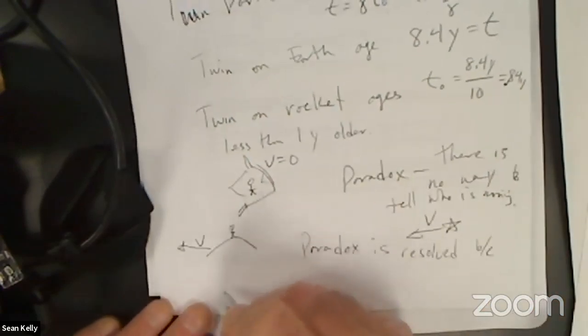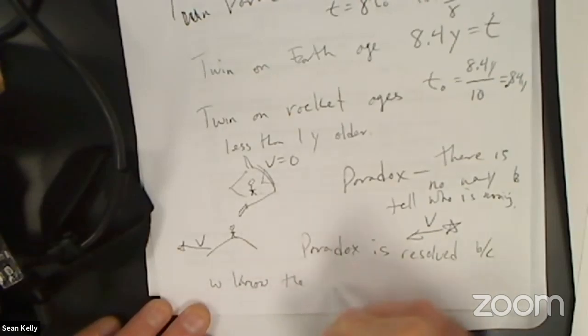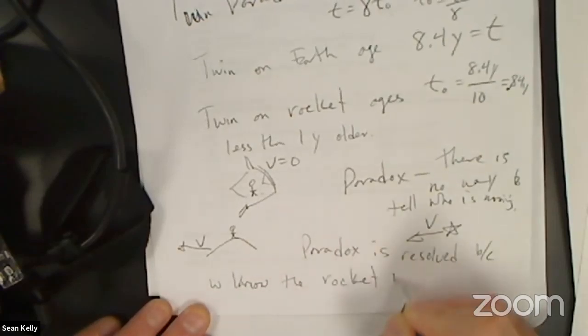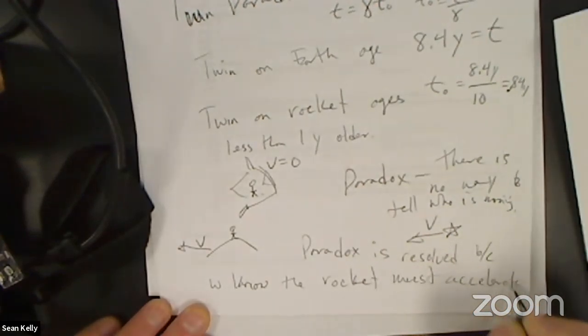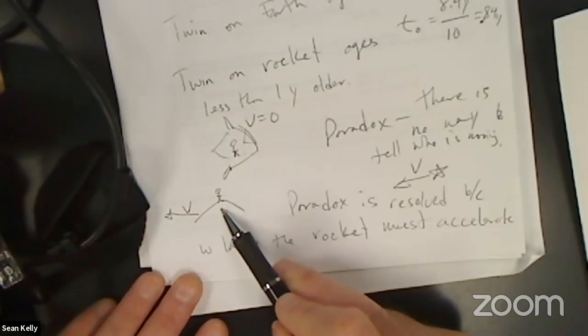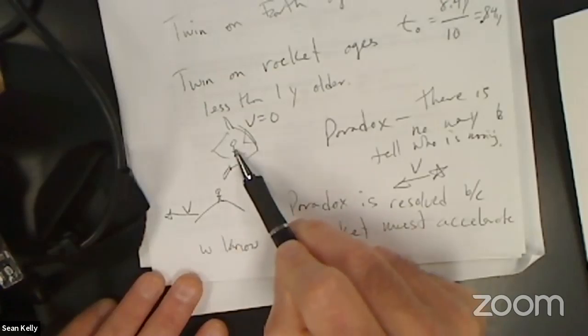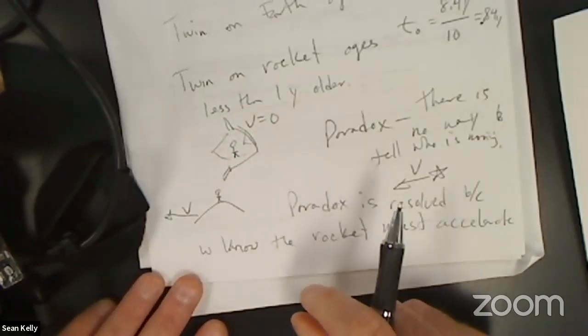So the rocket must accelerate. And when we bring them back together on Earth, the twin on the rocket will be the younger one.